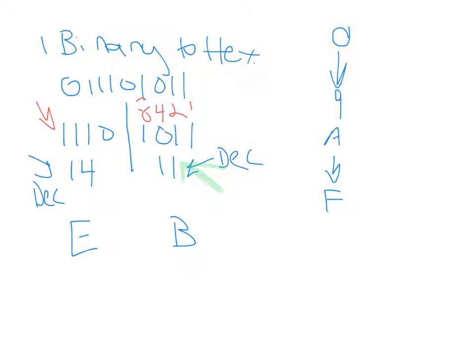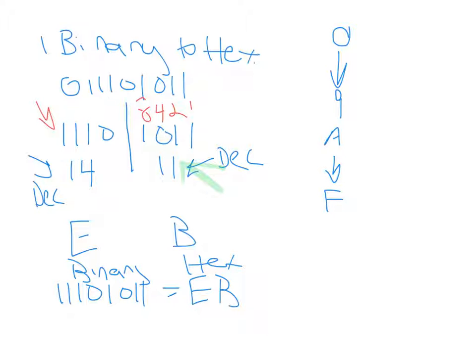I'm going to leave off the leading 0. So 1, 1, 1, 0, 1, 0, 1, 1 binary equals EB hex.